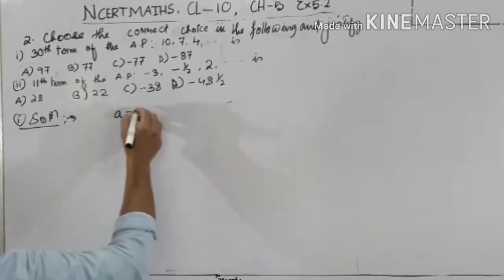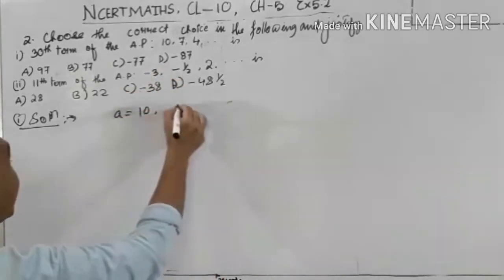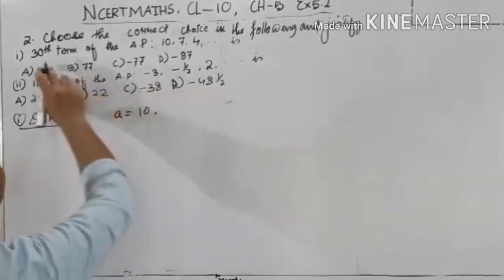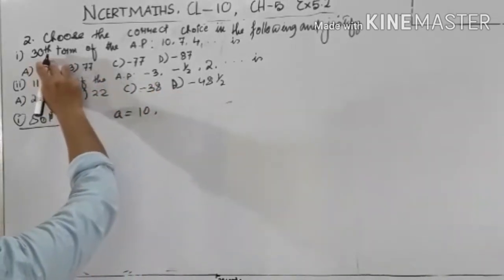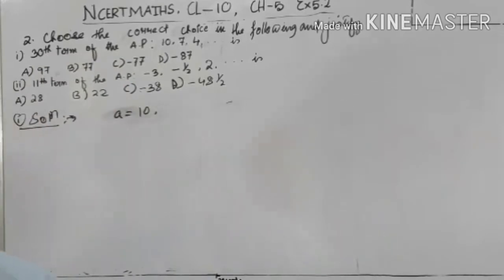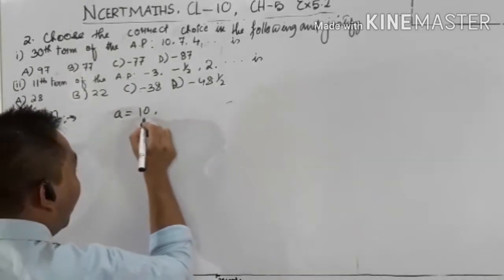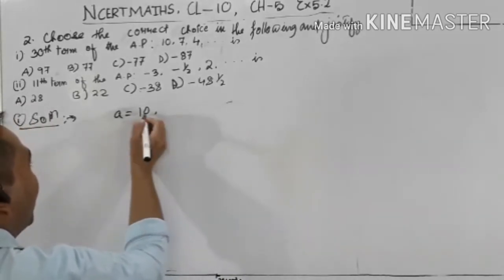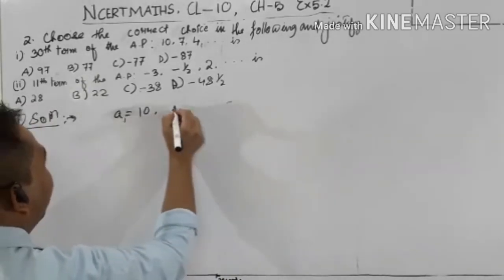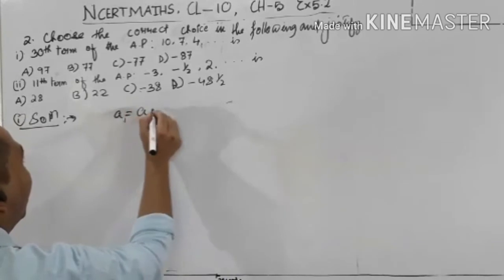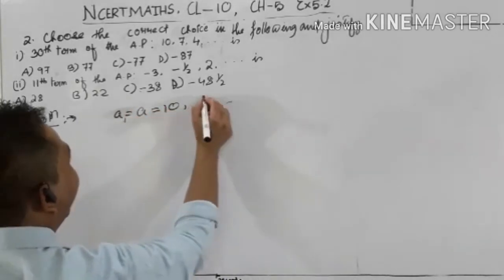We have to find the 30th term. Here a equals the first term a1, that means a1 equals a, which is 10, and then a2 equals how much?